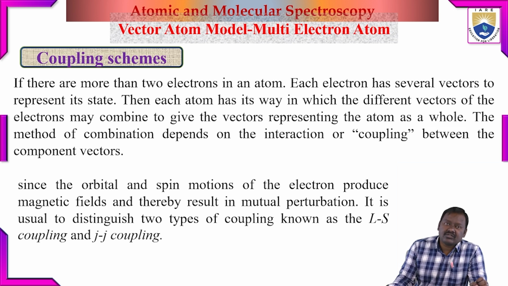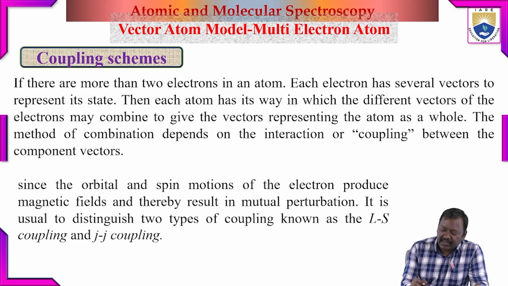All these quantum numbers are useful to describe the motion of the electron, in which orbital or in which orientation the orbit is taking place, or what is the direction of the electron, so what is the position. All these things are described by using those quantum numbers.